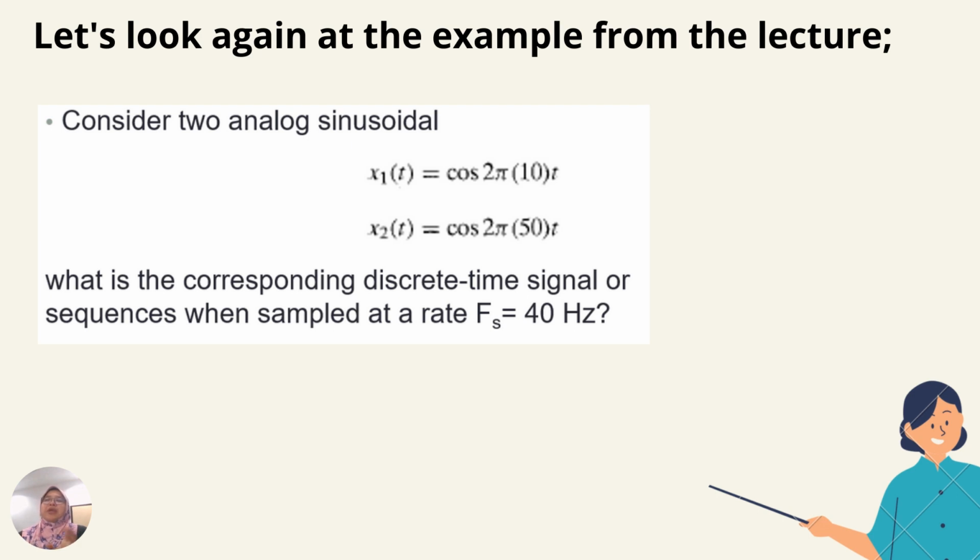In the first signal, x1(t), the frequency F is 10, so according to the Nyquist sampling theorem, the minimum sampling frequency is 20. For x2(t), F is 50, so the minimum sampling frequency would be 100. With 40 hertz as the sampling frequency stated in the question, there will be aliasing for x2(t).